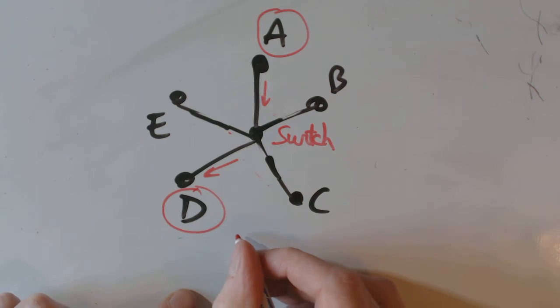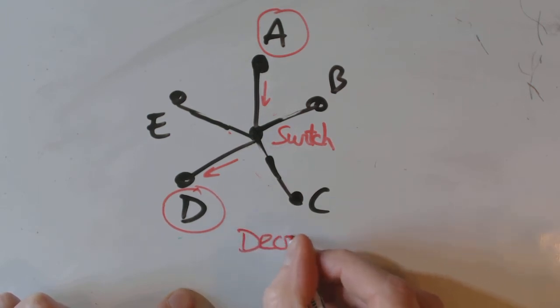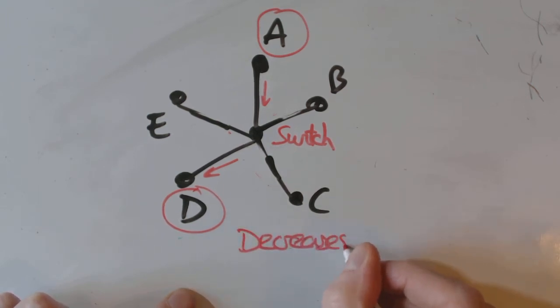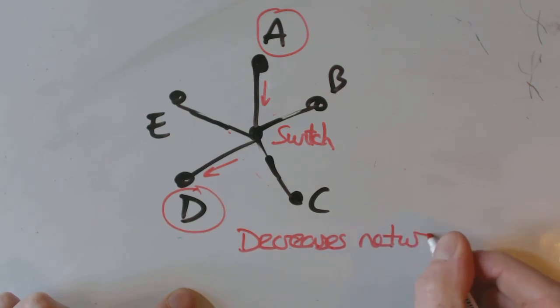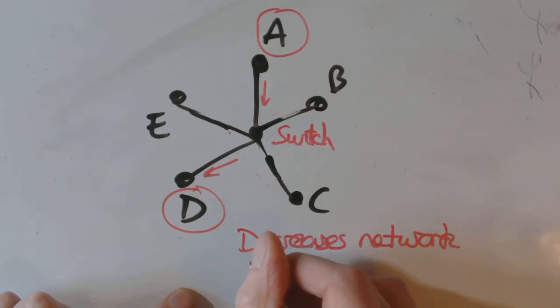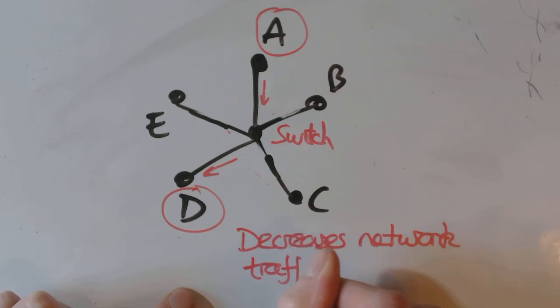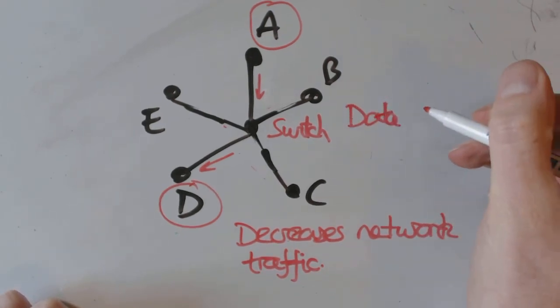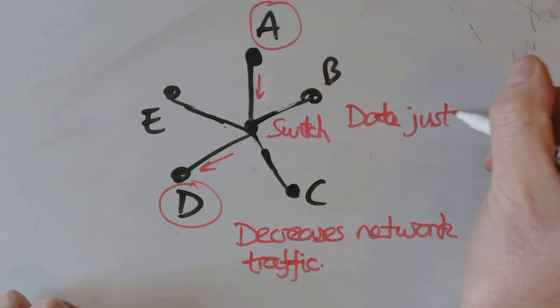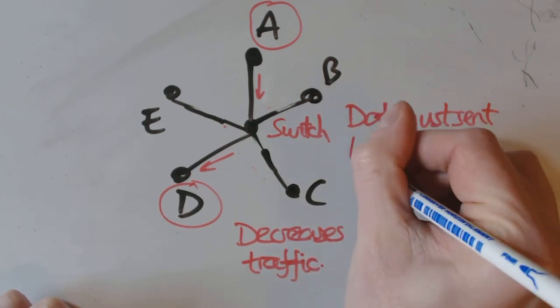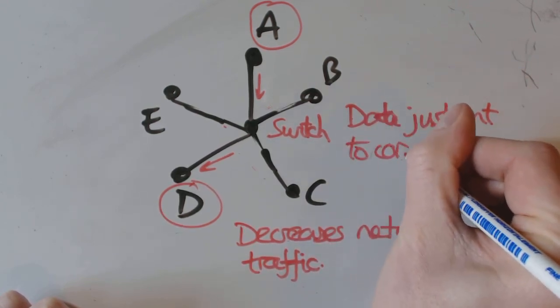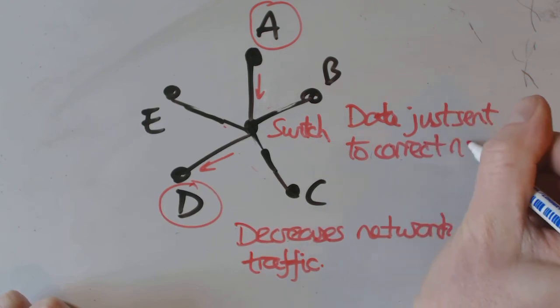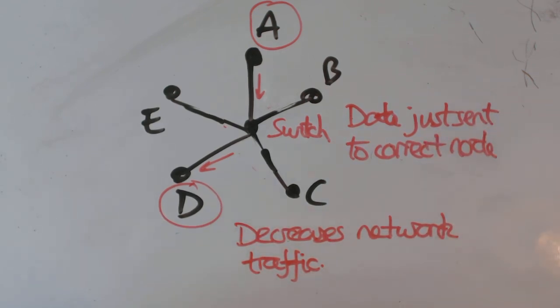So it decreases network traffic. The majority of the questions for your homework are just about these topics. So a switch decreases network traffic, with data just sent to the correct node. And hopefully that's helped a wee bit.